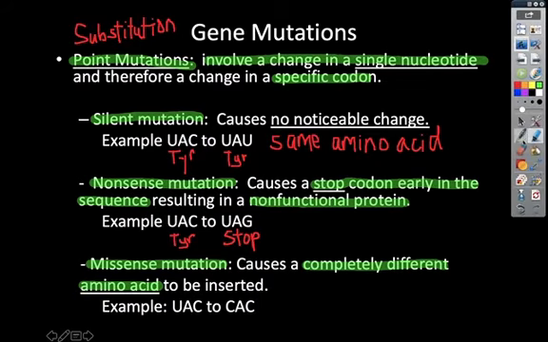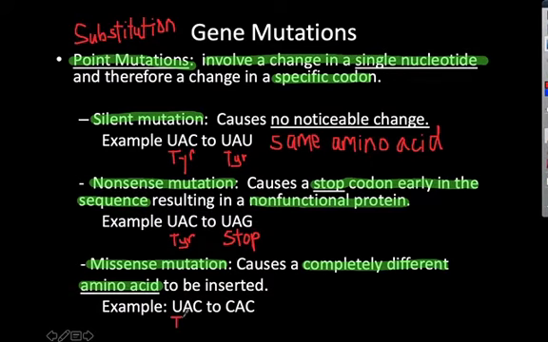So if you had UAC, which we know is tyrosine, and that U mutates to a C, and now you have CAC. Well, CAC is going to code for a completely different amino acid. It's going to code for histidine. Okay, so these two are completely different amino acids. So that's what we call a missense.